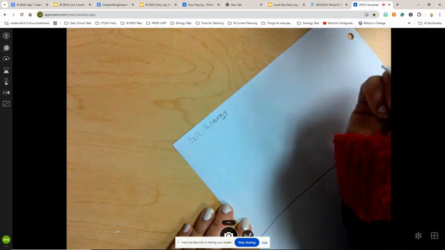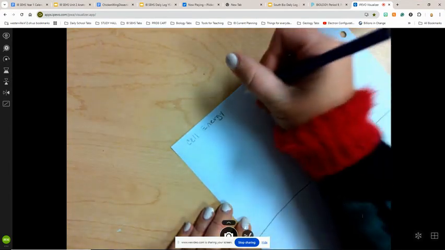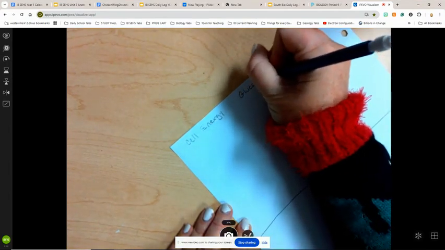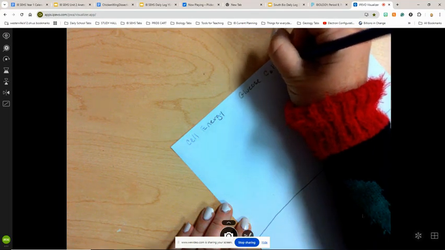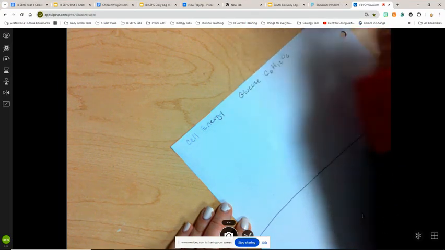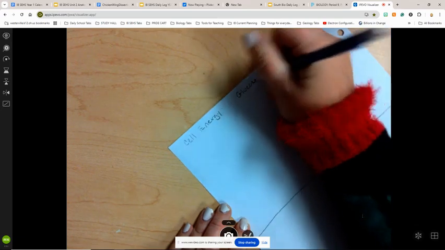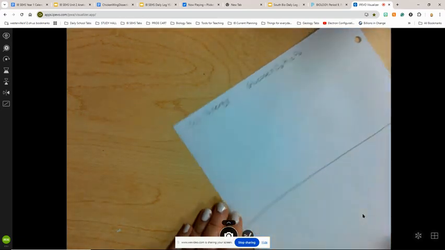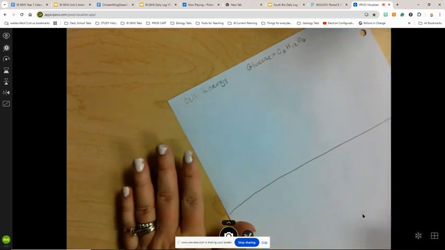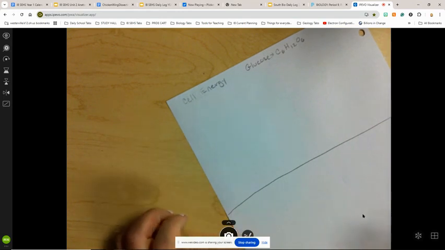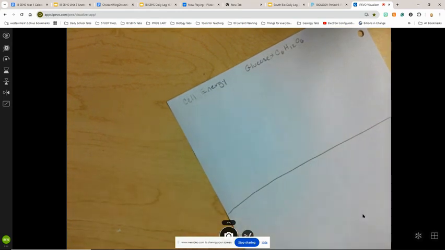You probably want that equation. You probably want to know that glucose is C6H12O6, okay? So make sure you get the equations for photosynthesis and cell respiration up there. Make sure you know chemosynthesis.